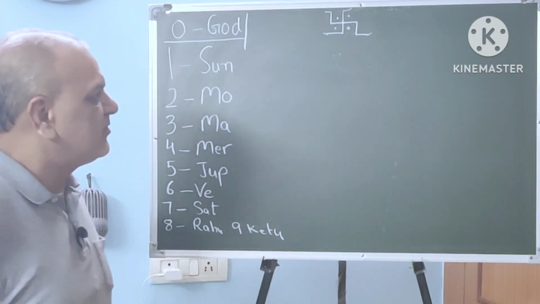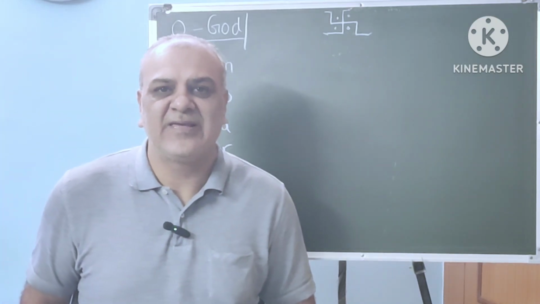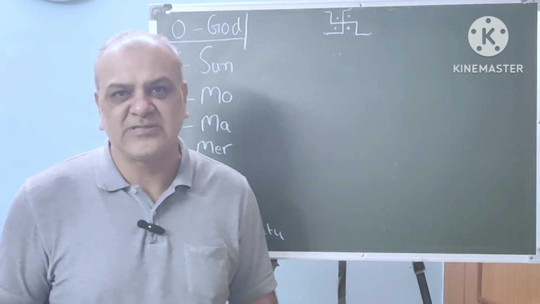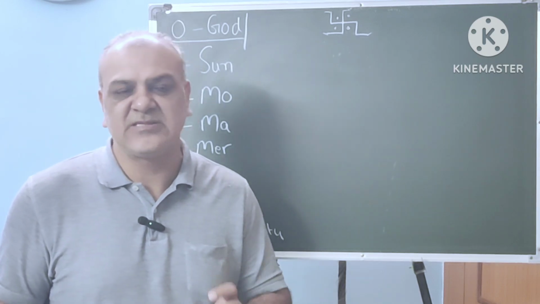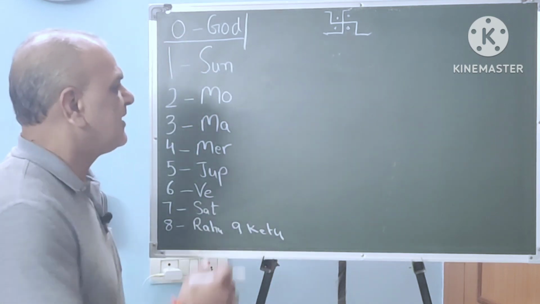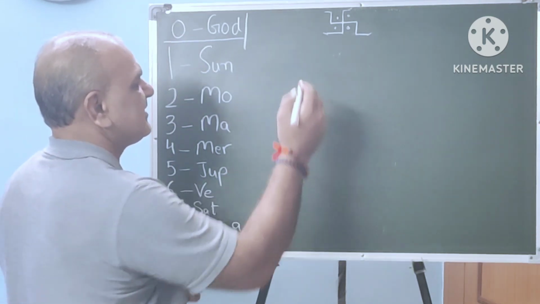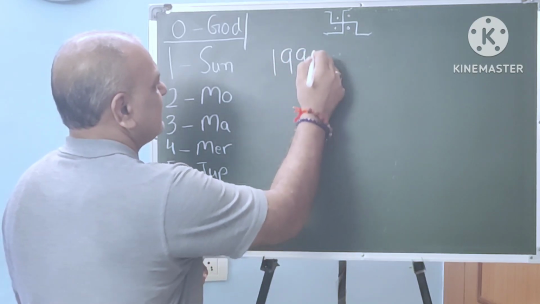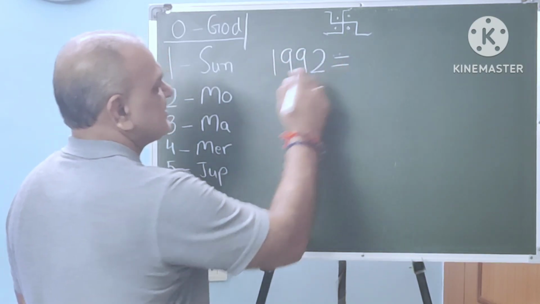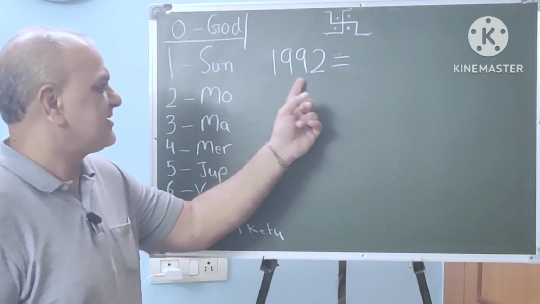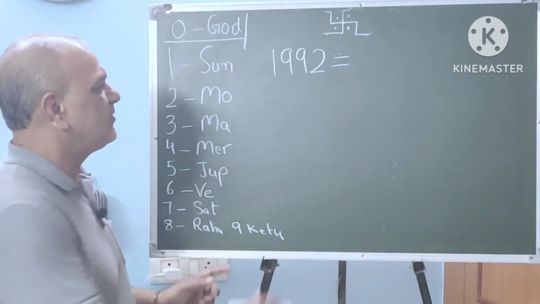Now we'll take roughly one example. A person coming for consultation does not know his time of birth, but he has his day of birth, month of birth, and year of birth. Suppose his year of birth is 1992.